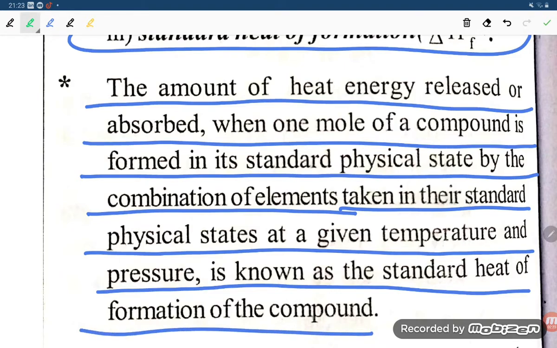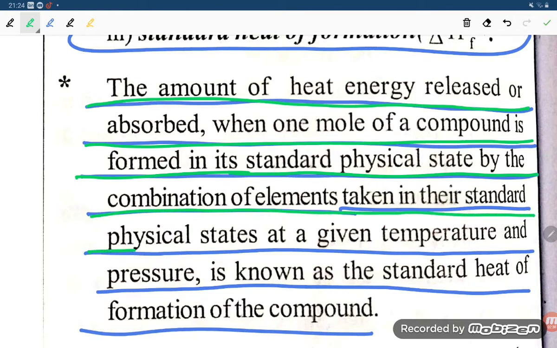Now try to understand in a different way. The amount of heat energy released or absorbed when one mole of compound is formed in its standard physical state by the combination of elements taken in their standard physical state at a given temperature and pressure is known as the standard heat of formation.